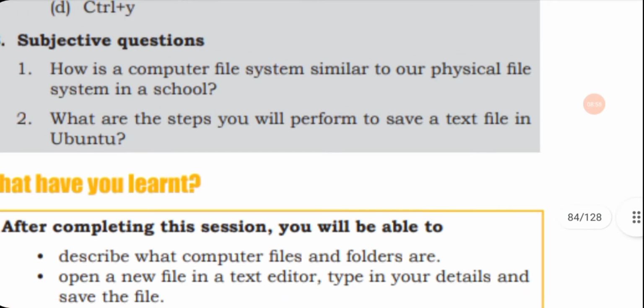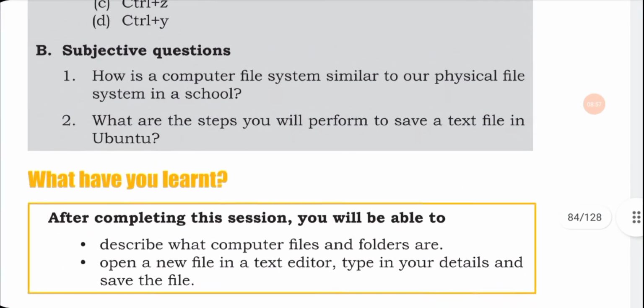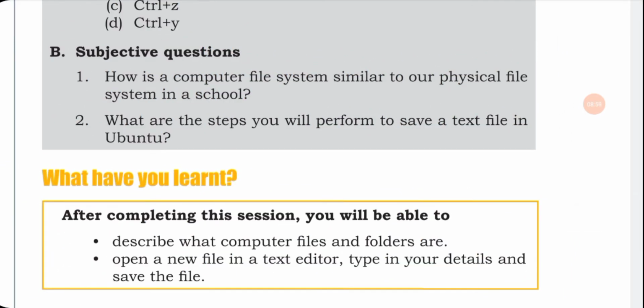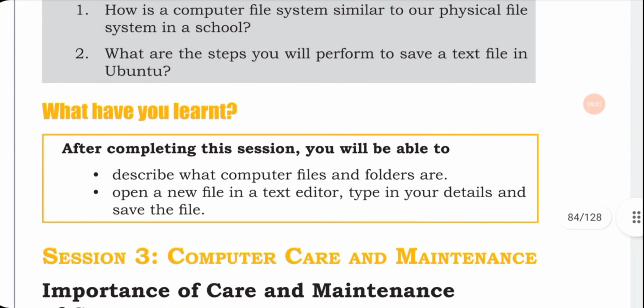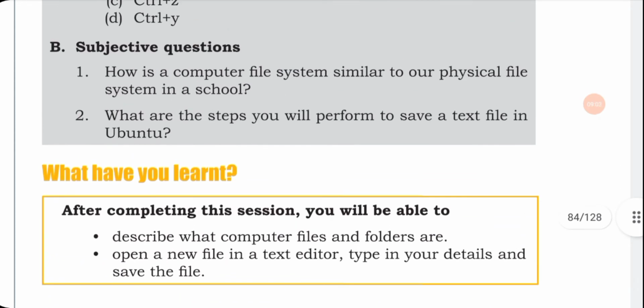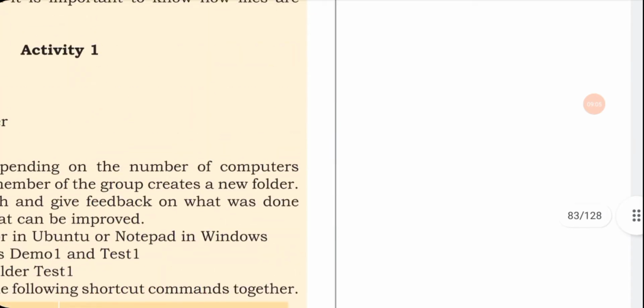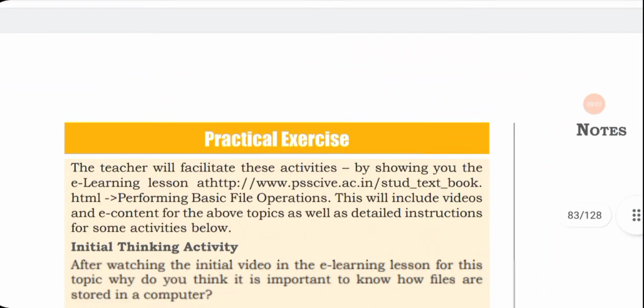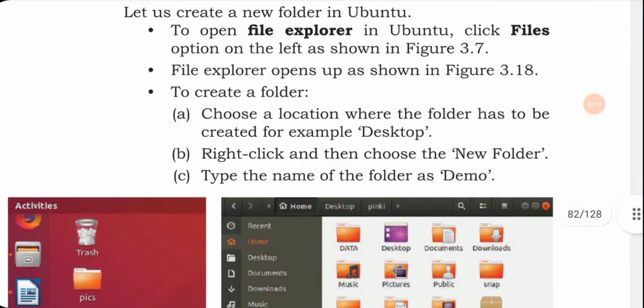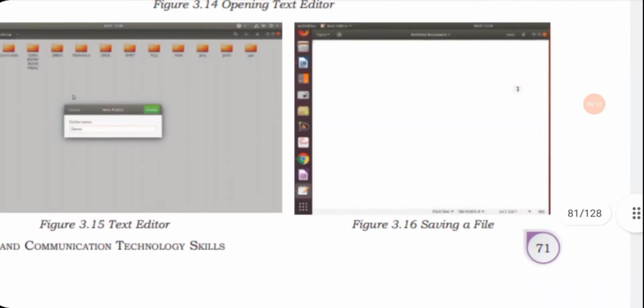Then what are the steps you will perform to save a text in a file in Ubuntu?